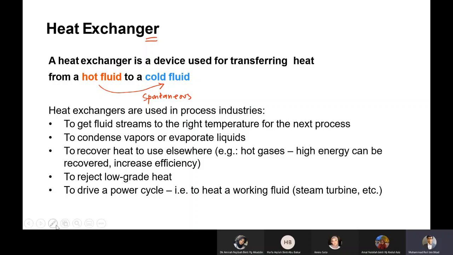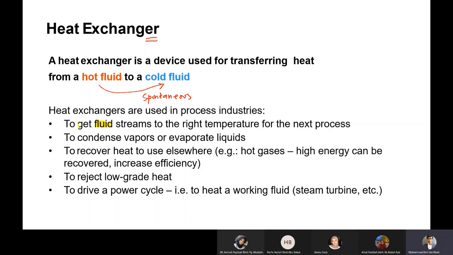It's used a lot in industry. For example, you want to heat a fluid from low temperature to high temperature for the next process. An example is the power plant: you want to evaporate water, but before entering the boiler or evaporator, you need to preheat the water, for example from warm water at 60 to close to 100.